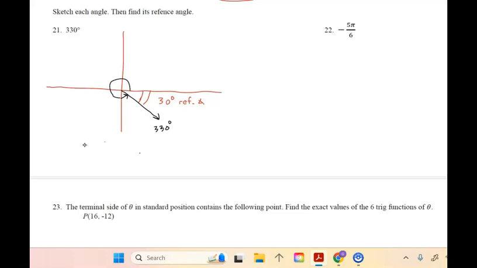All right. Number 22, if you're given radians, I want you to state the reference angle in radians. So in a negative direction, this would be negative pi over 2. This would be negative pi. So it's just about going in a negative direction to sketch out this angle.